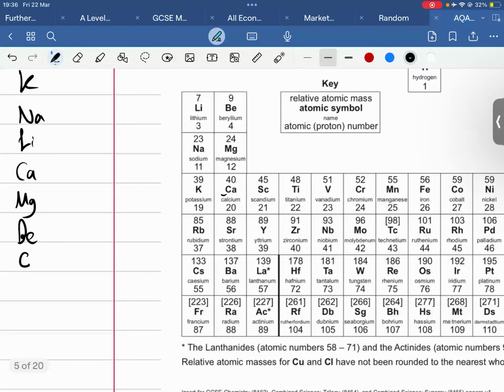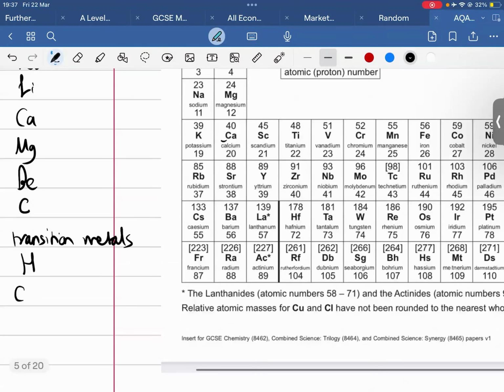Then it's a couple of transition metals. And then it's hydrogen. And then it's copper, silver, gold.